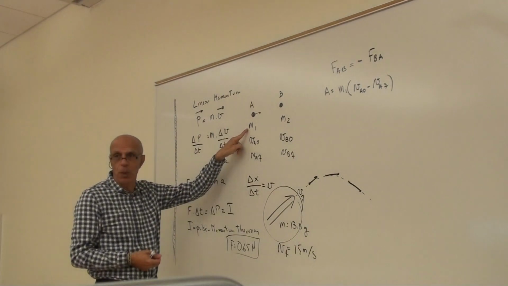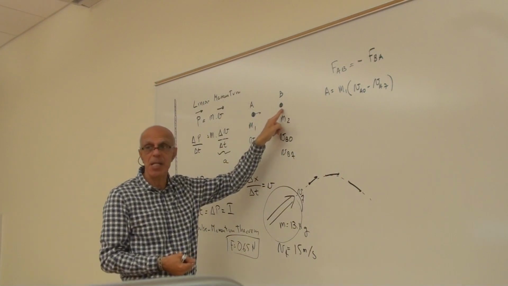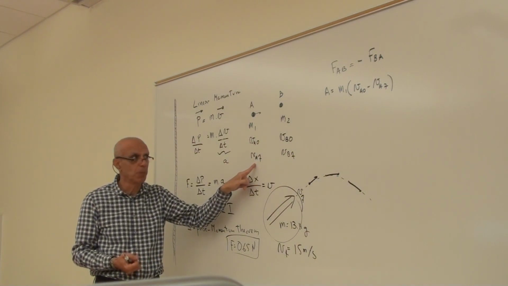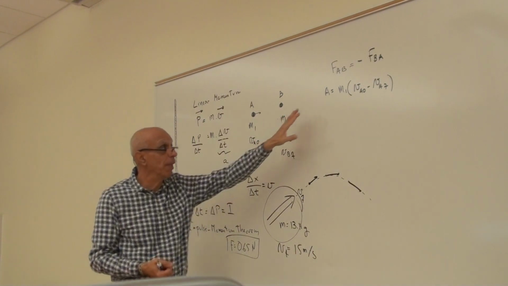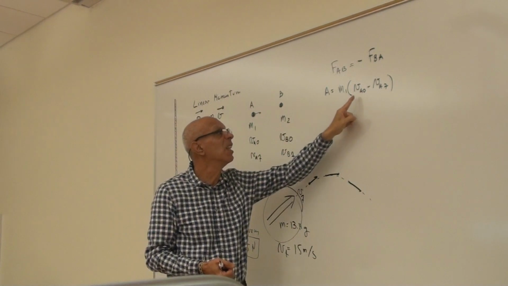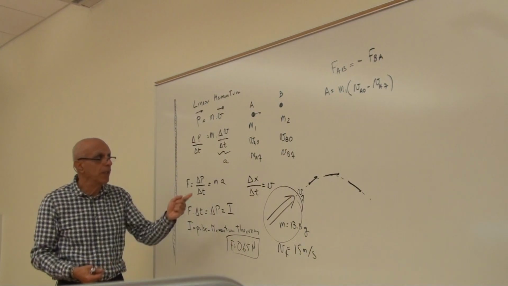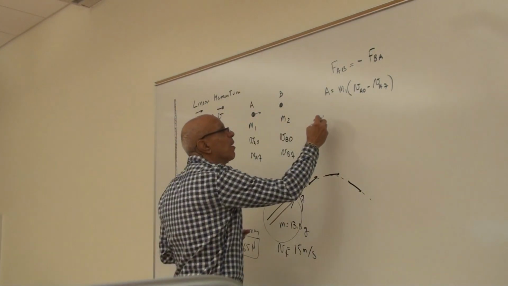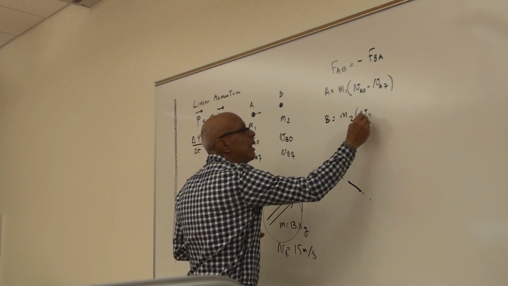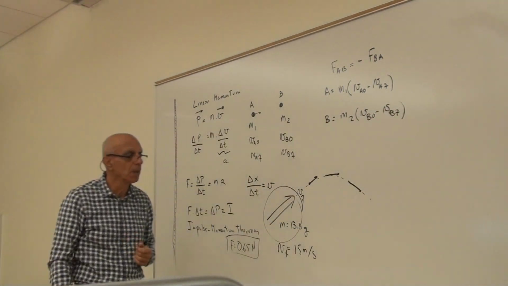A with mass M1 has initial velocity VA0. It's going to hit B, and the velocity is going to change. The change in momentum of A is going to be M1 times the difference between the two velocities, VA0 minus VAF. Now, what is the change in momentum of B? It's going to be M2 times VB0 minus VBF. Is that okay?